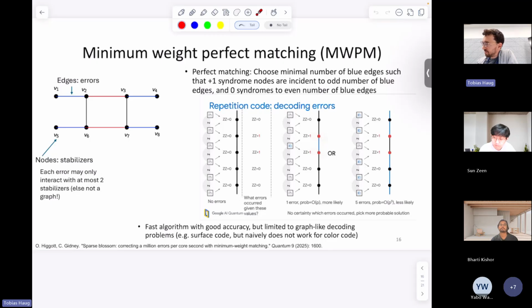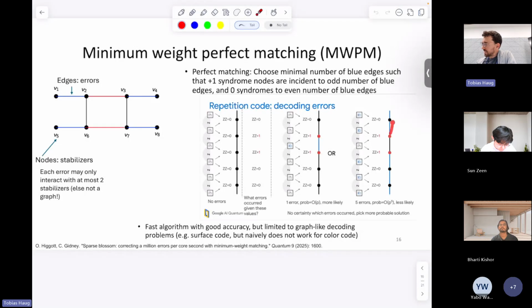So what we can do is we can simply color this edge here blue, and this edge here blue. Then we actually have what we need, because on the triggered nodes, only 1 blue edge is incident, right? So we're fine. On all the others, only 0 blue edges are incident, so an even number. The other way to color this problem would be to do the opposite.